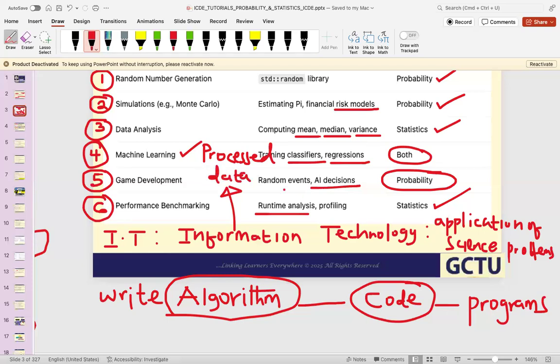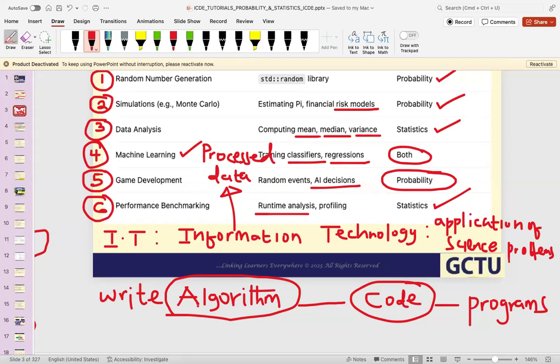So if I put the two definitions together, then it means that you'll be involved in processing data in order to apply science to it to solve problems. And that's what I'm just doing here.